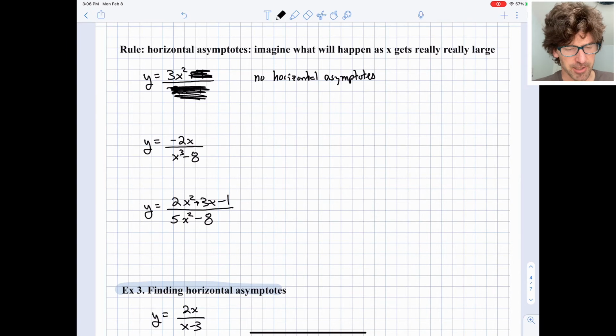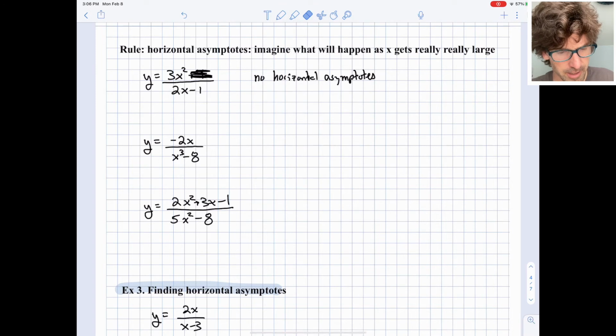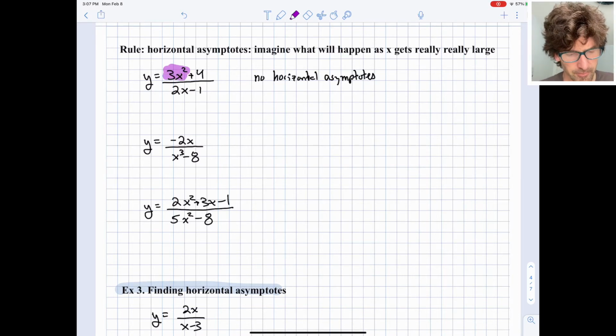But let's look at a contrast example down here, and let me actually undo that crossing out of those terms so we can keep track of that. But really what we did, we just looked at that term right there, that purple highlighted term. Okay, so for the second example, let's zero in on the term with the largest exponent.